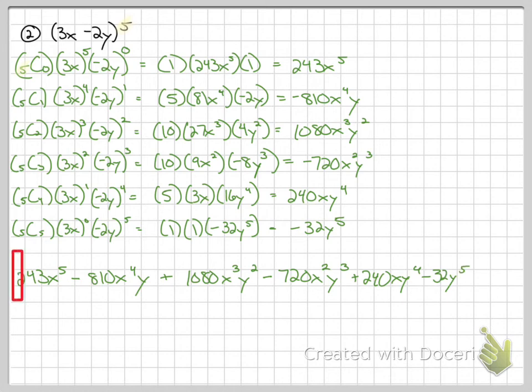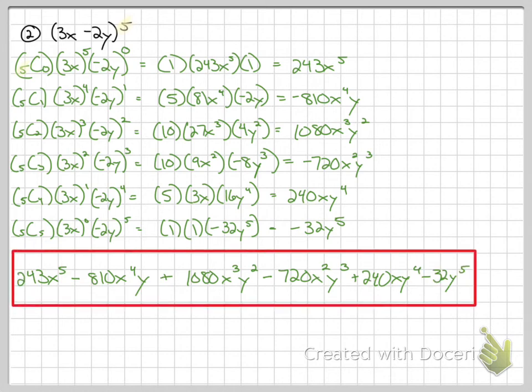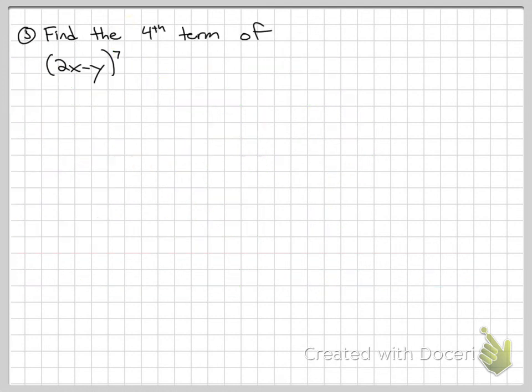We expanded using binomial theorem. Okay, so while we have this one on the screen, again, I want to point out, let's look at the 5c3, right? The 3 matches my last exponent, and together your exponents need to make 5. That's why this one's 2. 2 plus 3 makes 5. Let's keep that in mind as we do example 3.